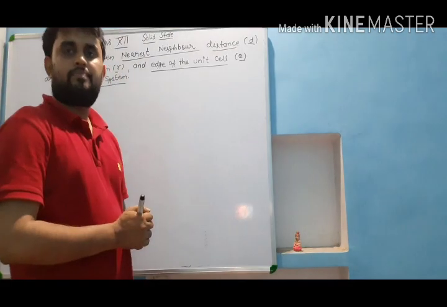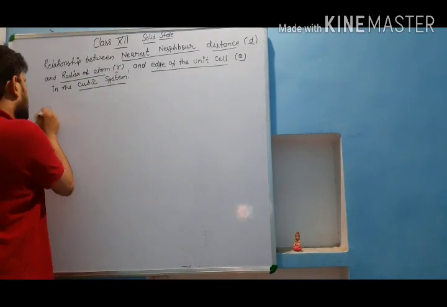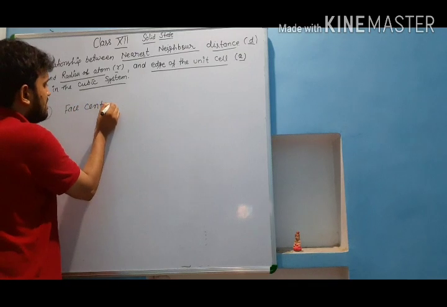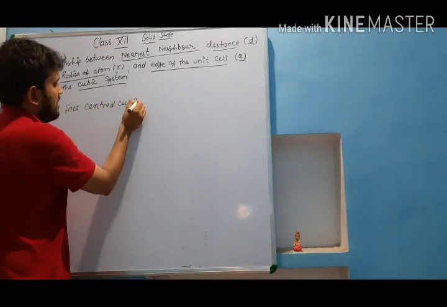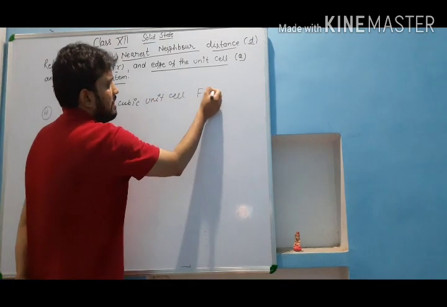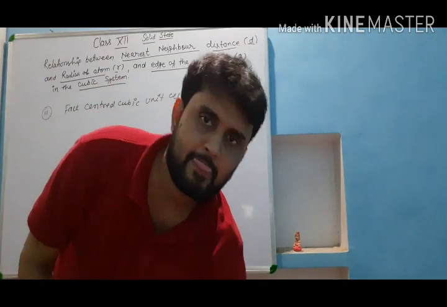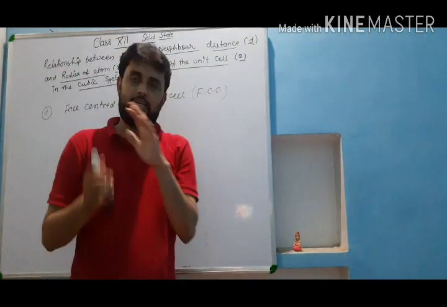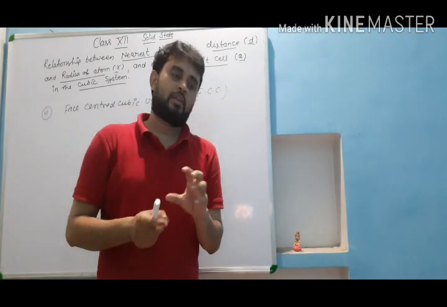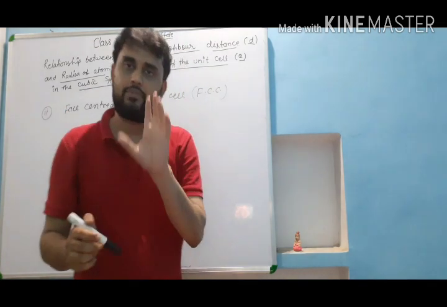Our next type of cubic unit cell is the face-centered cubic unit cell, FCC. As we know, in the case of a face-centered cubic unit cell, constituent particles are present at all corners as well as the center of each face.